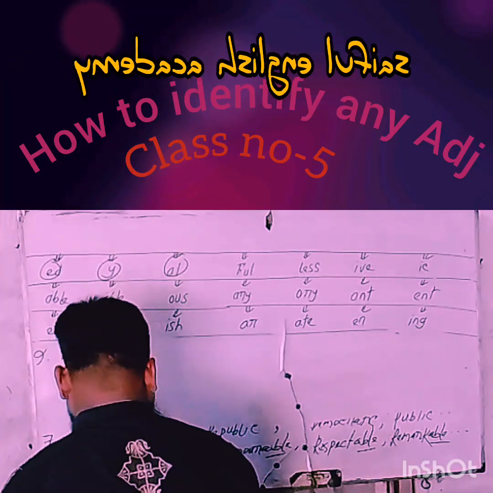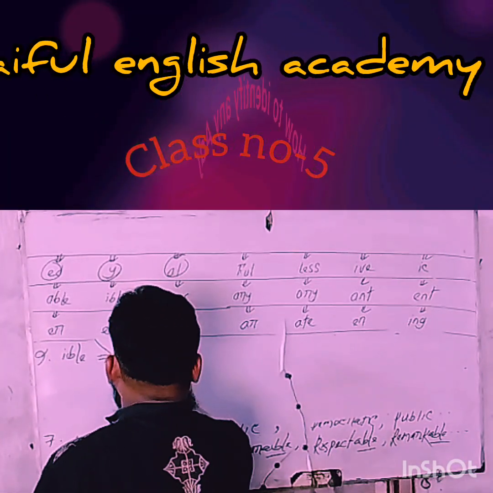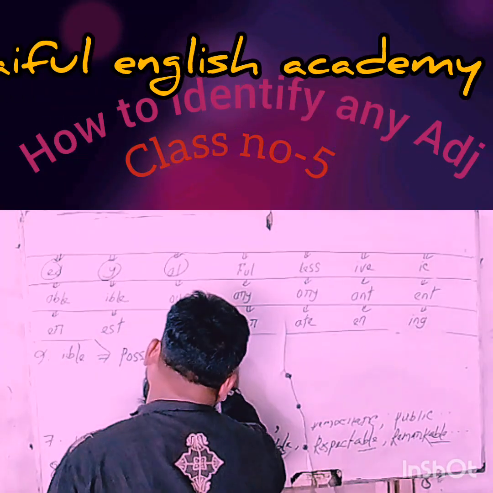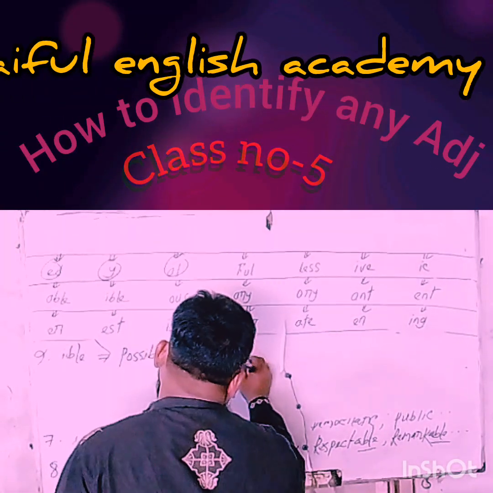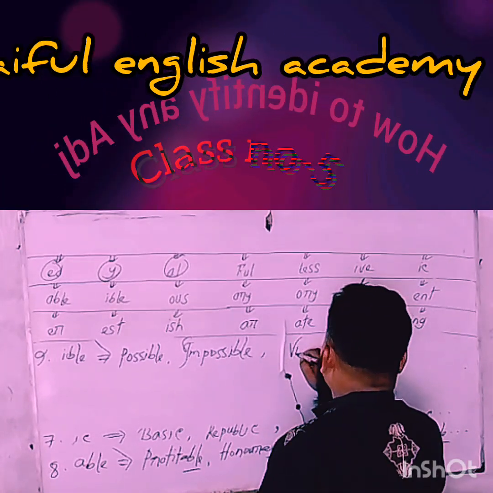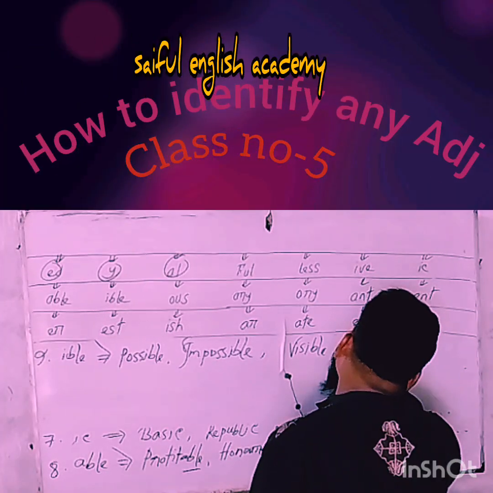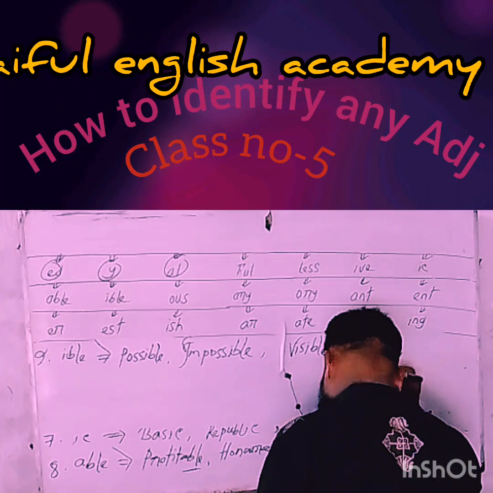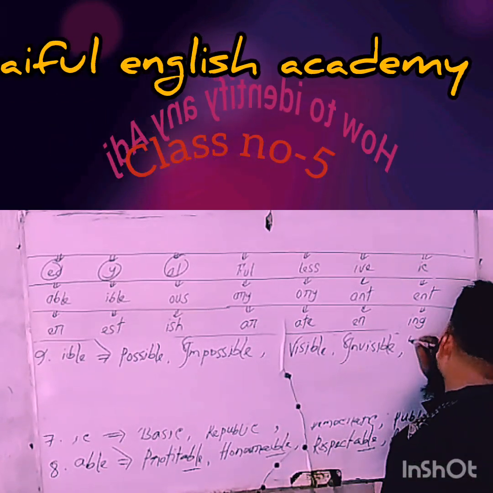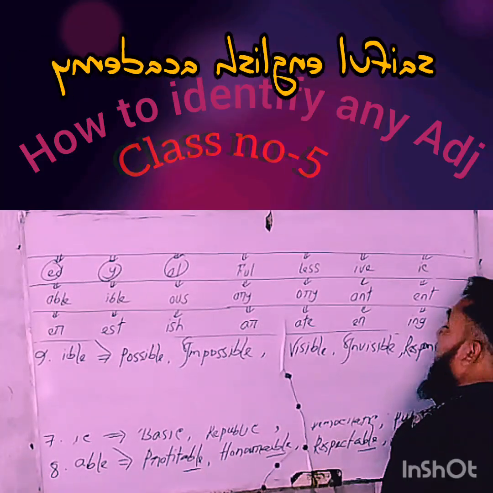I, B, L, E: ible. Okay, my dear learners, for example, possible, impossible, visible, invisible, responsible.